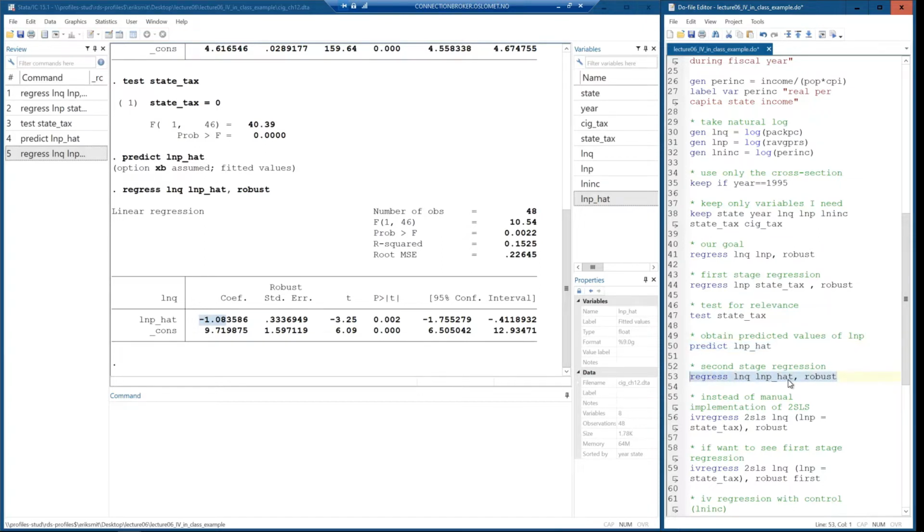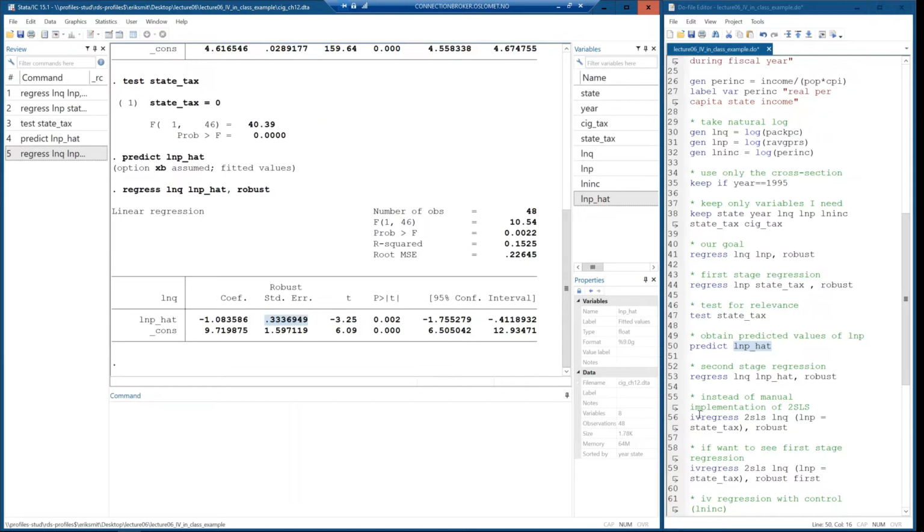And if we do this, then the second stage regression treats the fitted values as observed values, which means that the standard errors, even if we have robust standard errors, are probably biased. So we can't trust these standard errors.